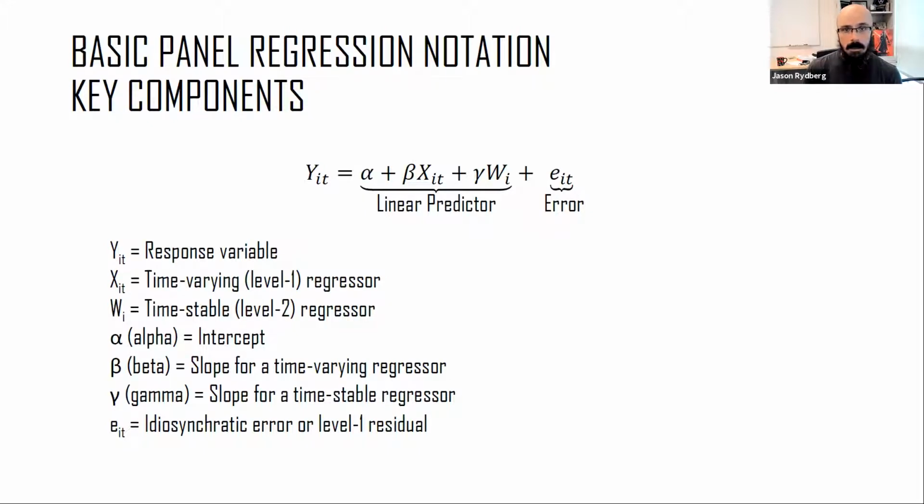We put the linear predictor of this plus this all together, and we will get a predicted value for the outcome. Those predictions are sometimes right on the money. Sometimes they're way off. Epsilon sub it quantifies how far off our prediction is from the actual value that's observed for y.